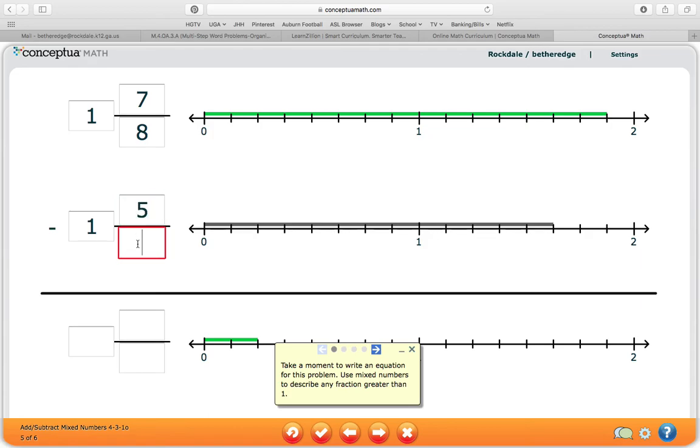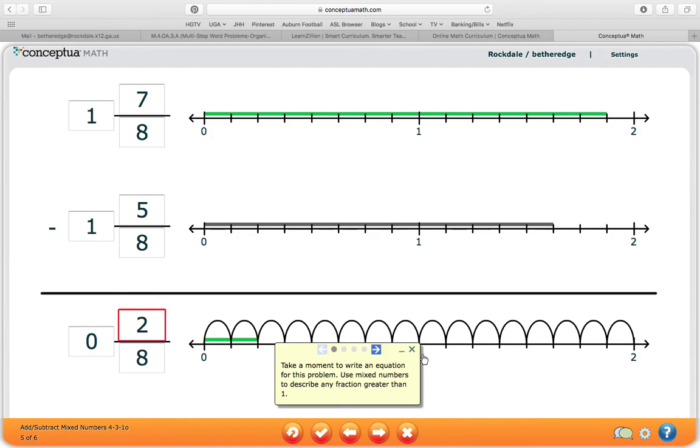5 out of 8. Remember, my denominator doesn't change. We're working with common denominators, so my answer is also going to have 8 in the denominator. I can go ahead and fill that in. All right, so 1 minus 1 should be 0. 7/8 minus 5/8 should give me 2/8.